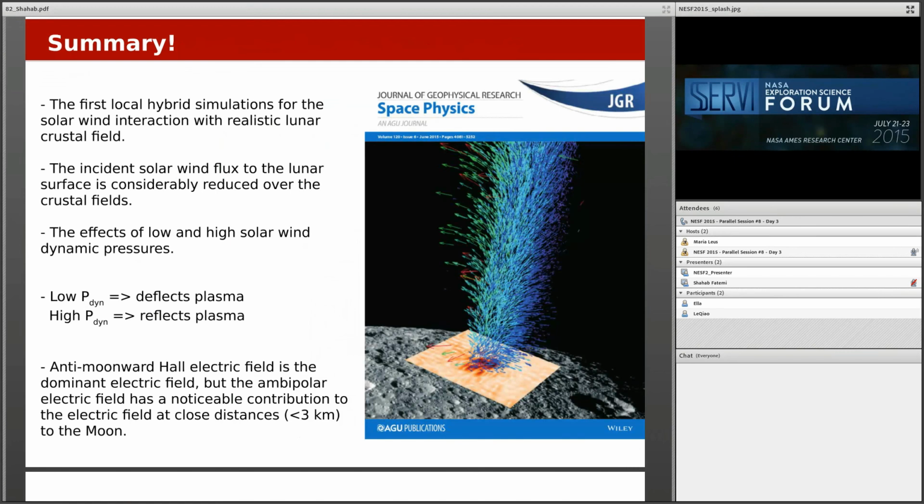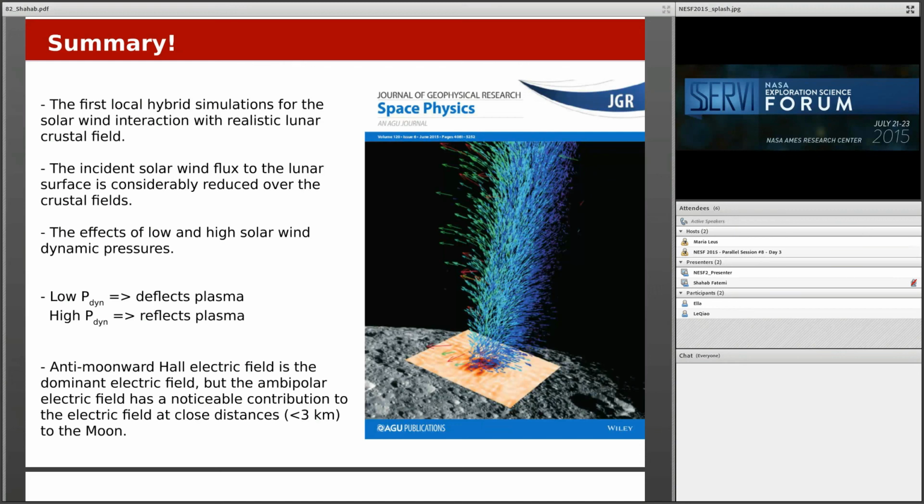To sum up, we presented the first local hybrid simulations for the solar wind interaction with realistic lunar crustal fields. We showed that the incident solar wind flux to the lunar surface is considerably reduced over the crustal fields, and the charged particles get deflected by the crustal fields.